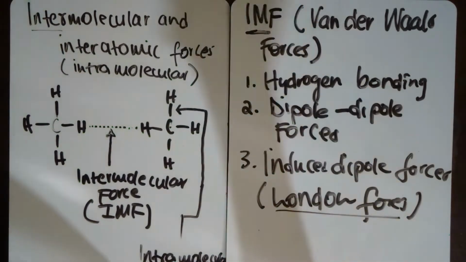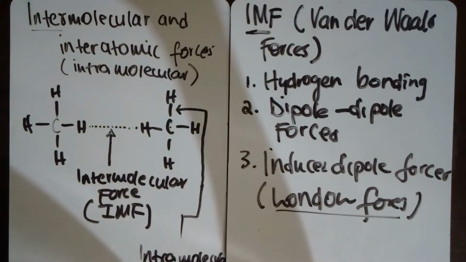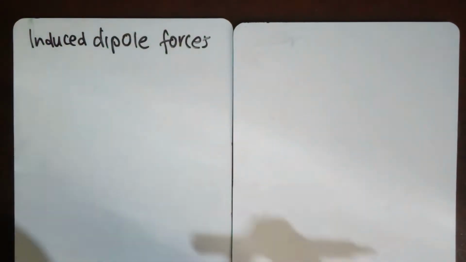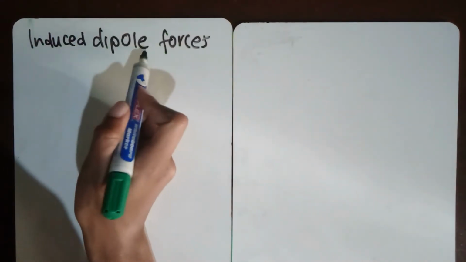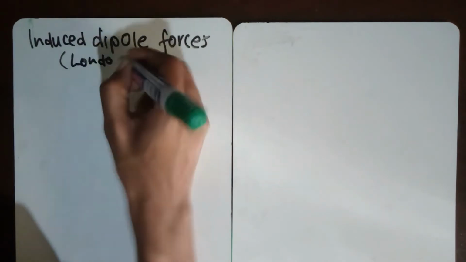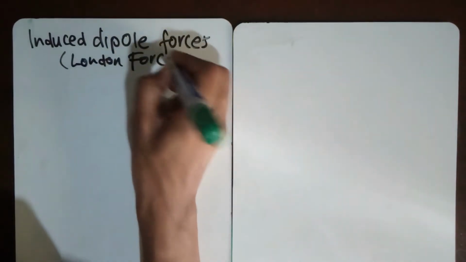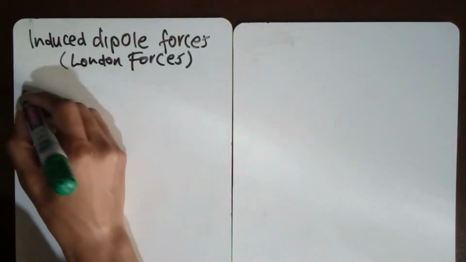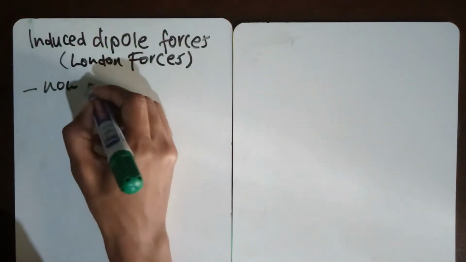Right, so now let us talk about each of them separately. So let us first start with the weakest type of intermolecular forces, which are induced dipole forces, or what some people refer to as London forces, like we've already mentioned. And these forces actually occur between non-polar molecules.